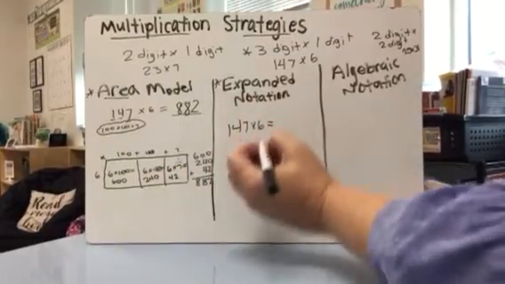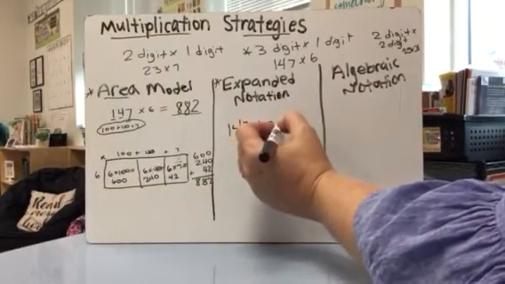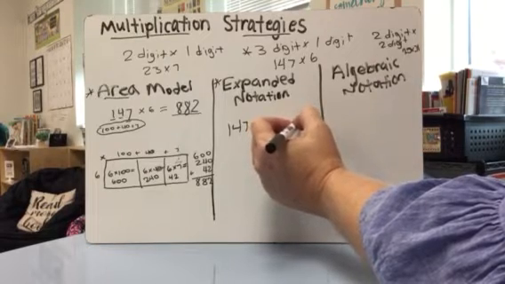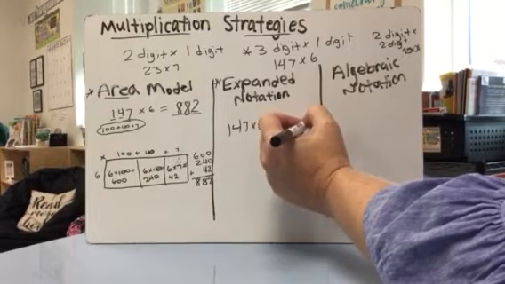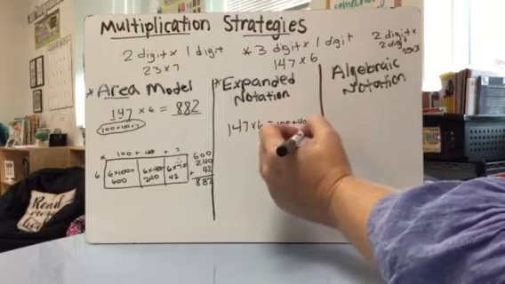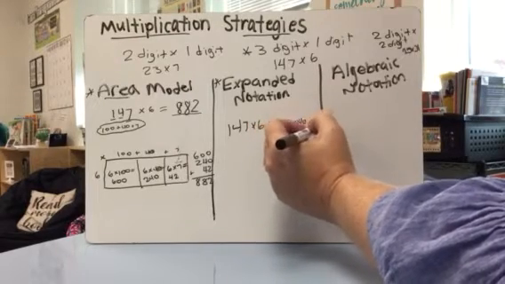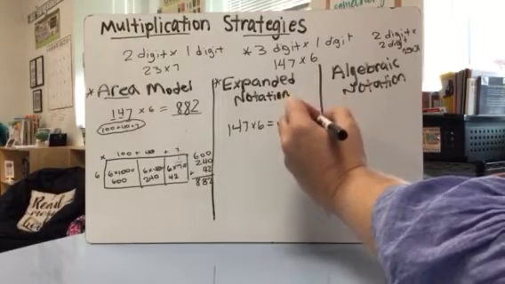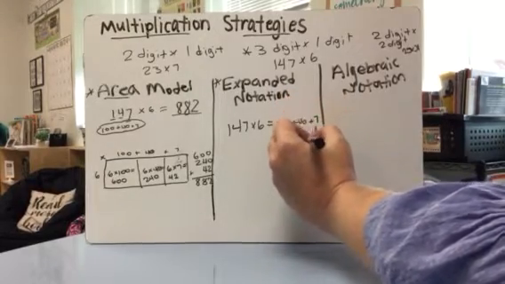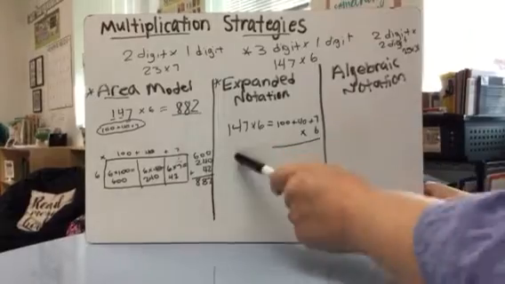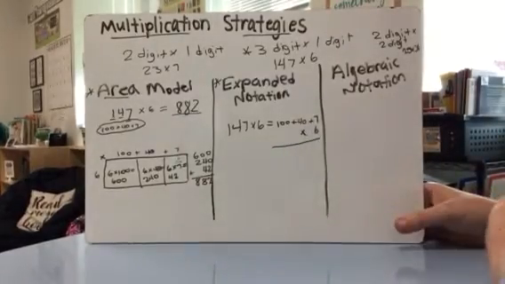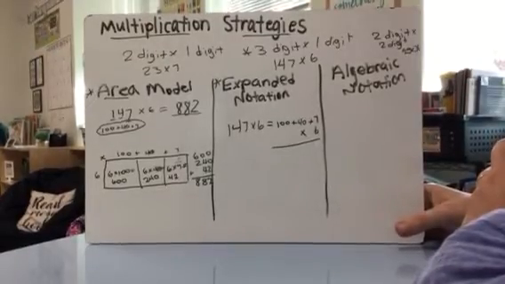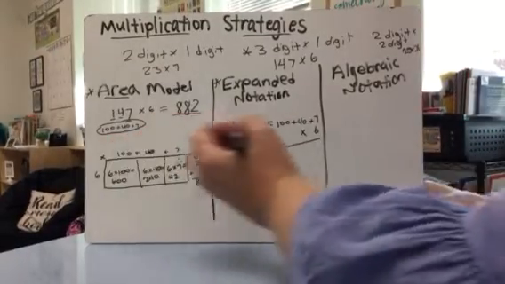So we're going to write 100 plus 40 plus 7, and we're going to show down here that we're times-ing 6. Kind of rewrite the 3-digit number in expanded notation, and then we times 6 on the second row. So we can see the connection right there.